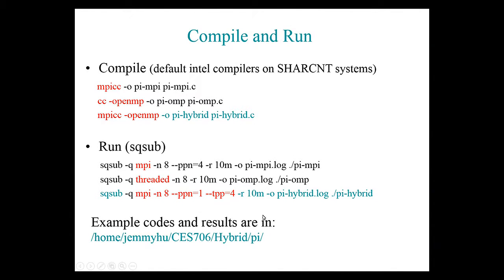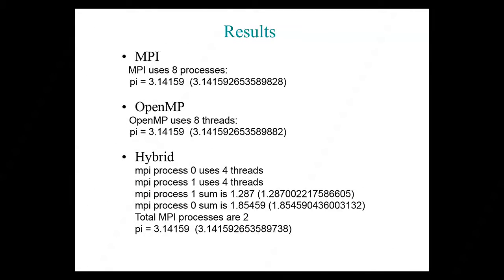Okay, you compile your code and you run your code, and hopefully it runs correctly for you. I have the sample code in my home directory, and you can find it, so you can check the results. Something looks like this, and these are the results I ran previously.